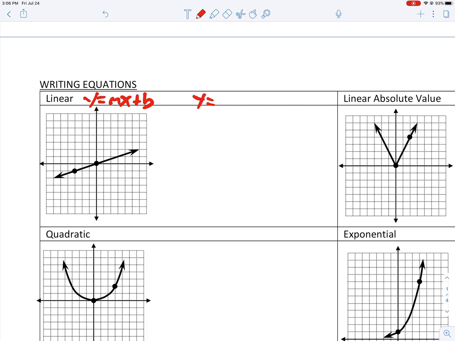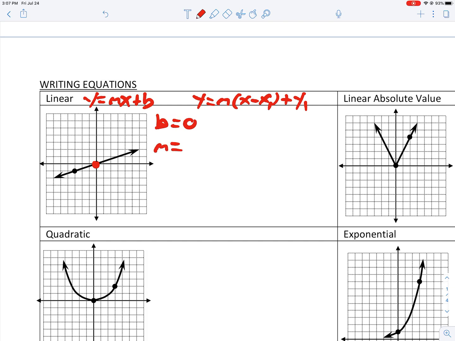Which is y equals m times (x minus x1) plus y1. Right? But we're going to use this one because you know the y-intercept. So the y-intercept, which in this case would be b, is 0.